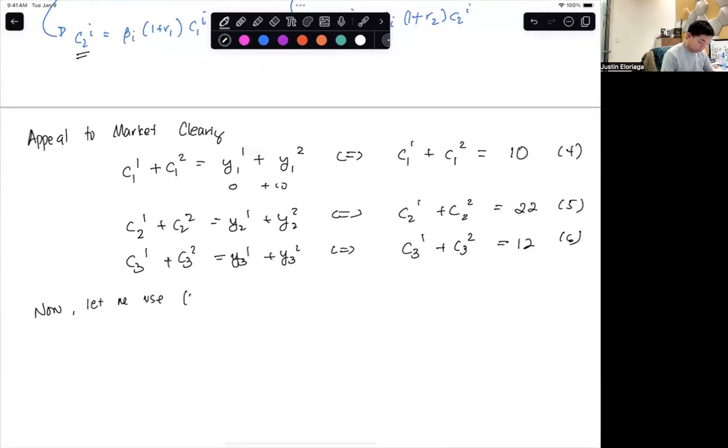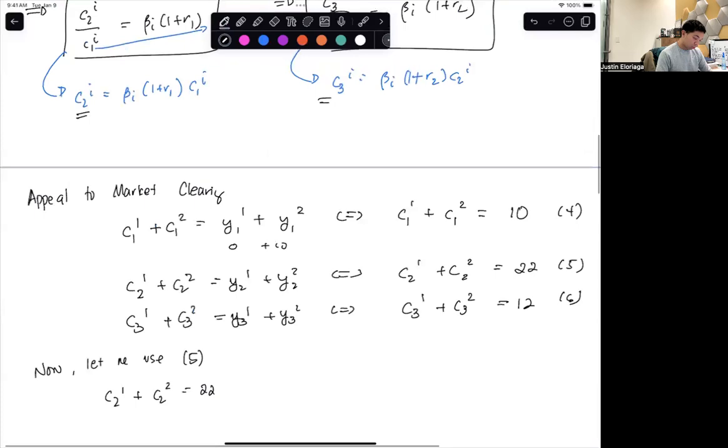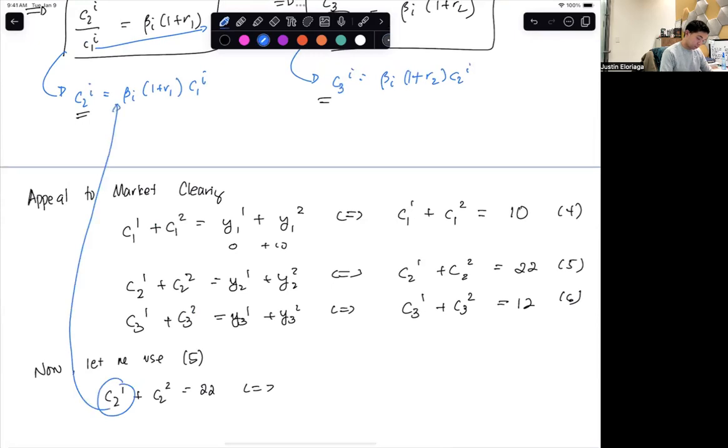Use number 5. I know that C21 plus C22 is equal to 22. C21, based on this particular formulation here, I know must take this sort of form.